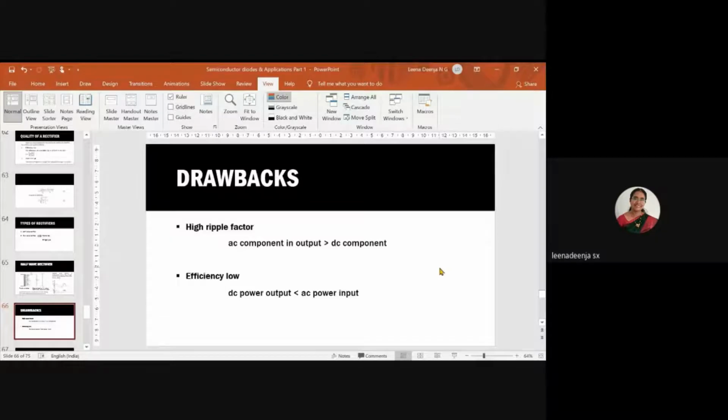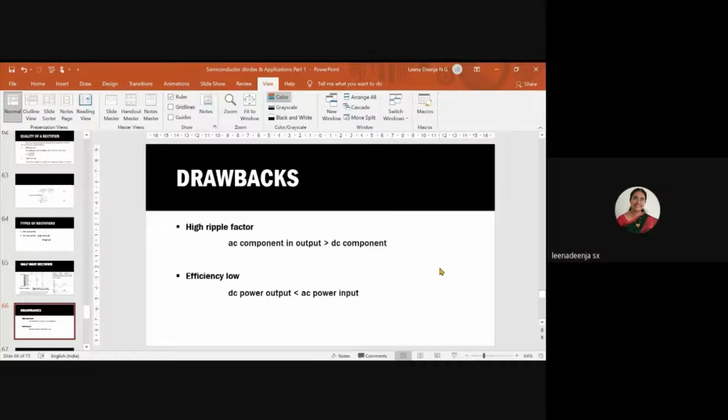There are two main drawbacks for this half wave rectifier. First one is high ripple factor. High ripple factor means AC component of the output is much greater than DC component of the output. So first drawback is here we want to convert AC into DC.